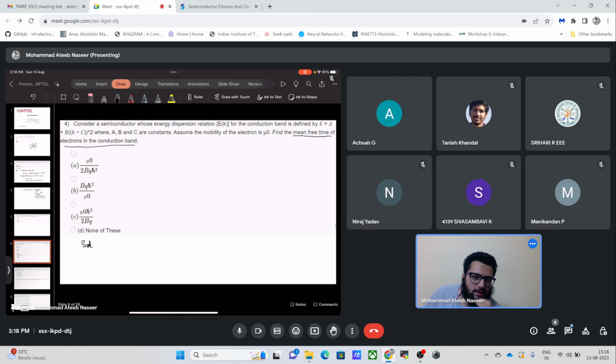Okay, Neeraj. Can you comment on this? I think it is the average time between the electrons to move from conduction band to valence band.